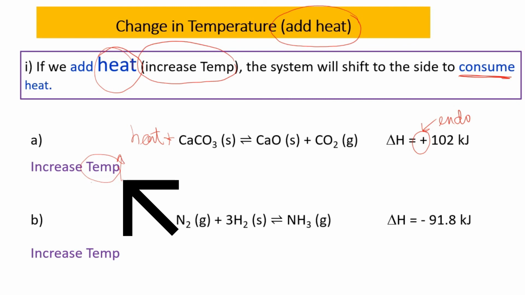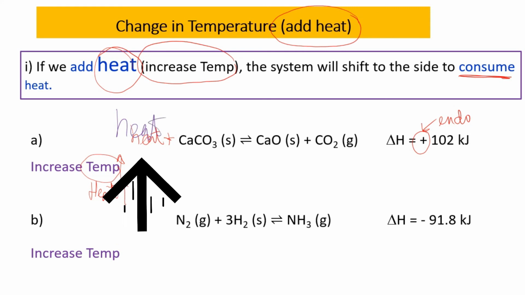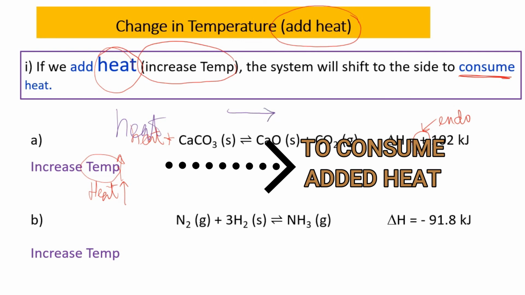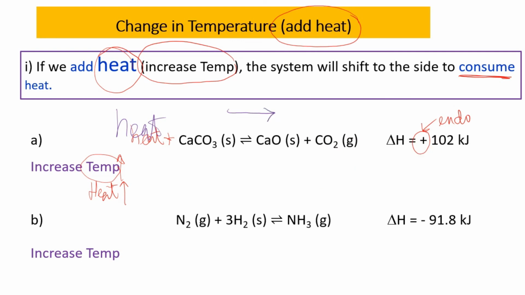Automatically we know that heat will increase, because when you have more heat, the temperature will increase. So the heat is getting more in the system. This is a disturbance. What would the system do? The system will try to consume it. How? It should shift to the right hand side, because when it shifts to the right hand side, heat is used up as one of the reactants in order to produce the product. So this is the side that consumes heat.